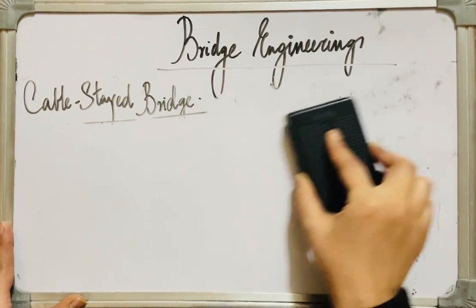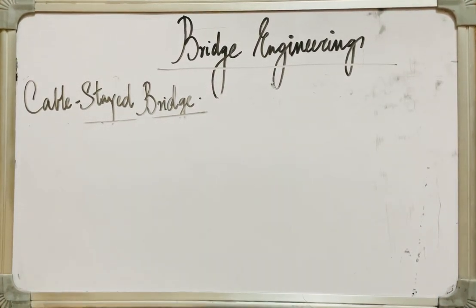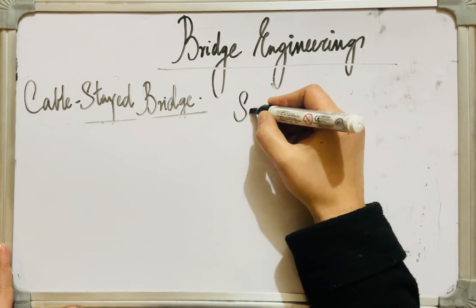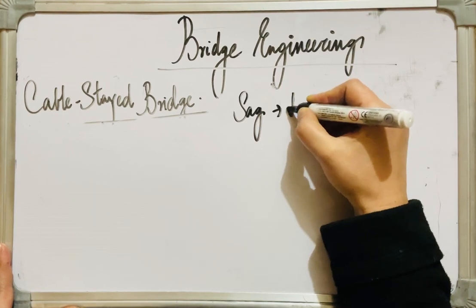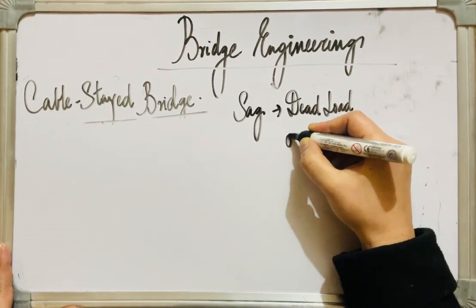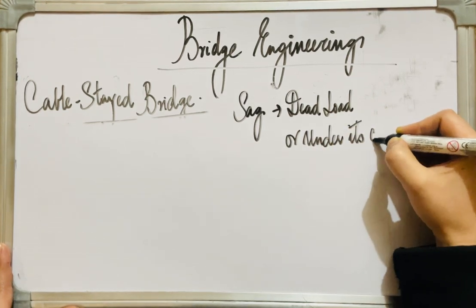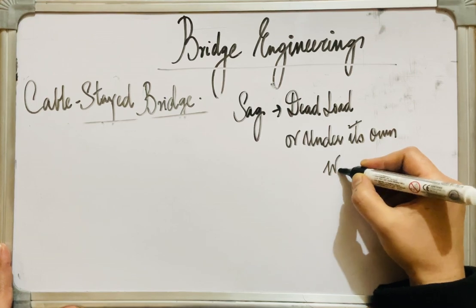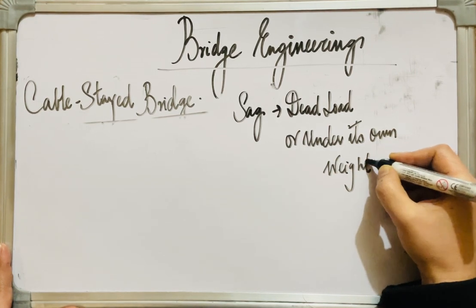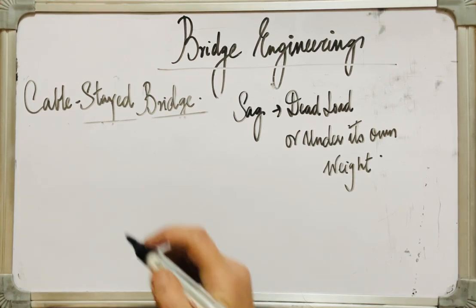There comes one more challenge, and that is the sag of the cable under its own weight. The cable may sag because of its dead load or under its own weight, and this introduces a new complication or challenge in the case of cable stayed bridges, but the solution for that is pre-stressing.